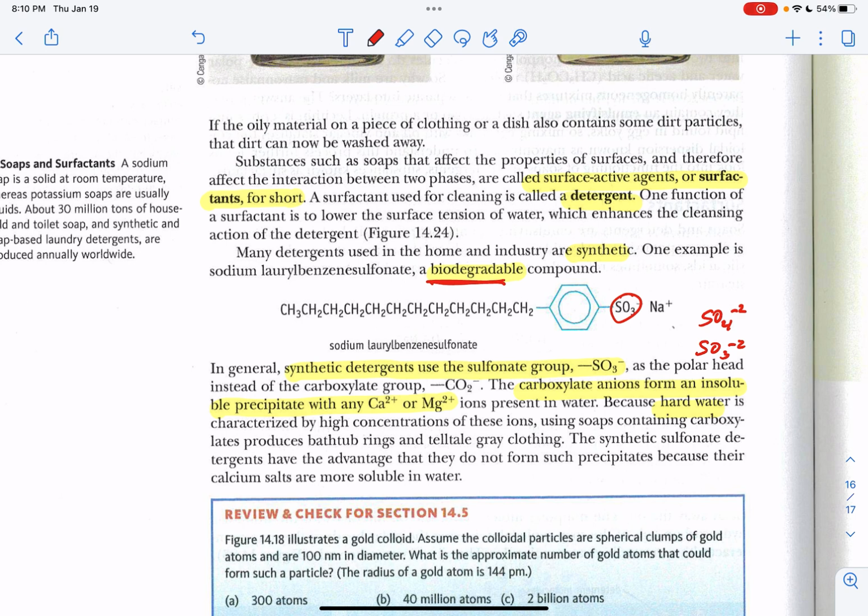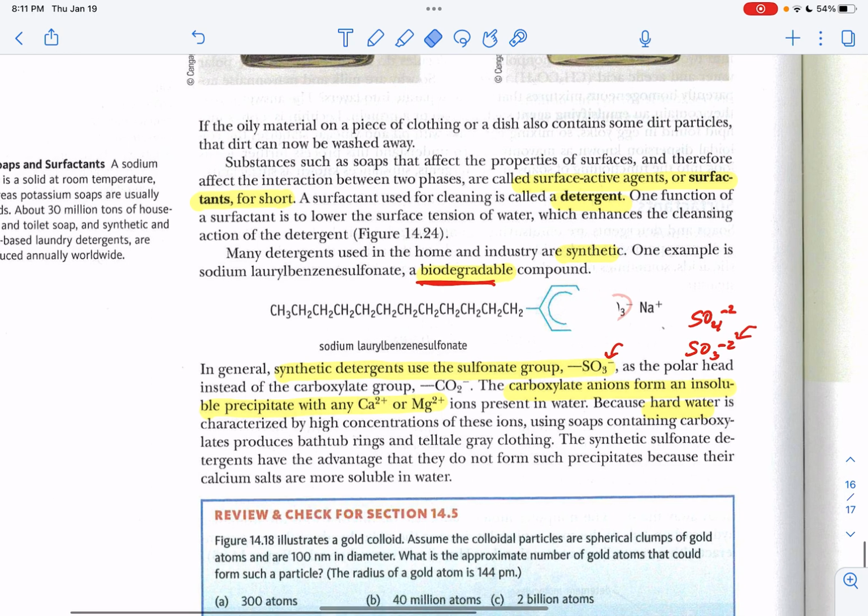Well, you'll notice that the sulfonate group has a -1 charge instead of a -2 charge. So one of those charges connects it with the rest of the molecule. And then the other is what connects to a sodium or potassium to create the solid salt, the solid substance, I should say, that you might buy in the store.